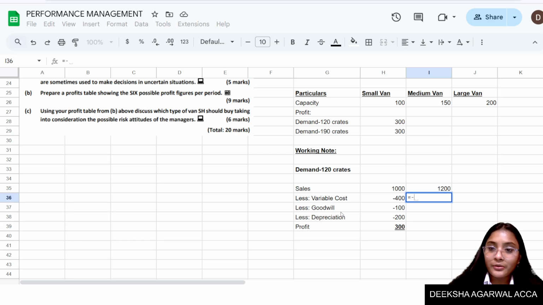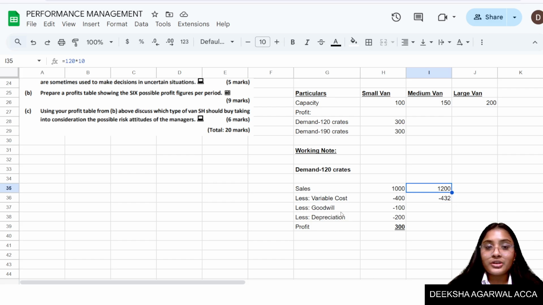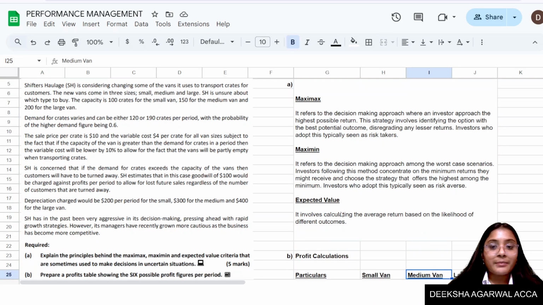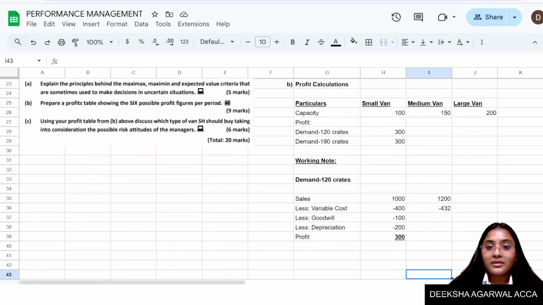It will be how many units you have, 120 into 4 into 90%. Why 4 into 90%? The reason is that my 10% will be reduced. It's clearly written in the question if you have read carefully, in the second paragraph itself, last line, that there will be 10% lower variable cost. You have done it. Simple, straightforward.